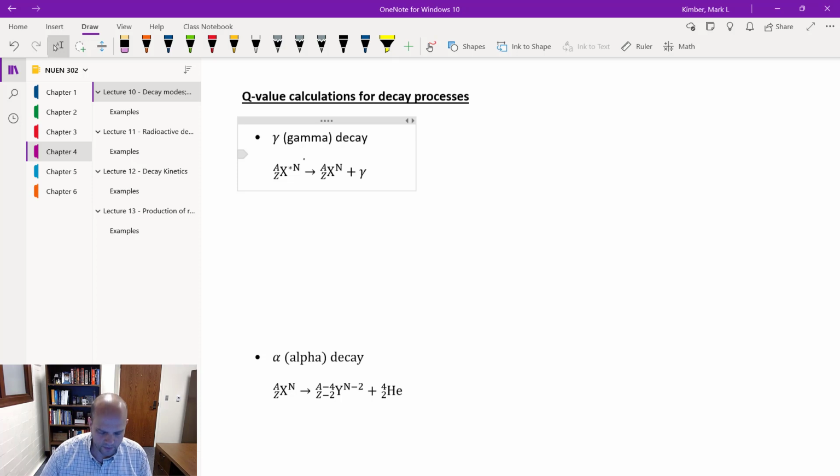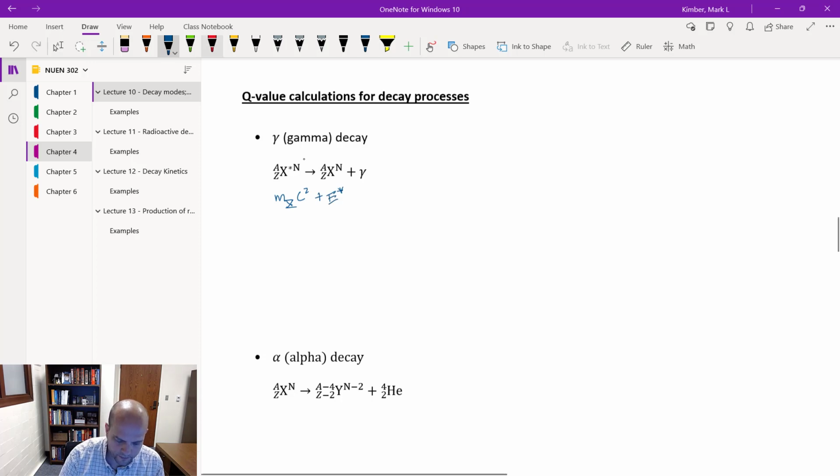So in a gamma decay, this is the reaction here, and if I'm doing a Q value type of prediction here for the energy, then I've got the rest mass of that parent times the speed of light squared, plus this extra energy because I am in an excited state, not in the ground state, and that's going to equal the mass of the product here, which also is the rest mass times c squared.